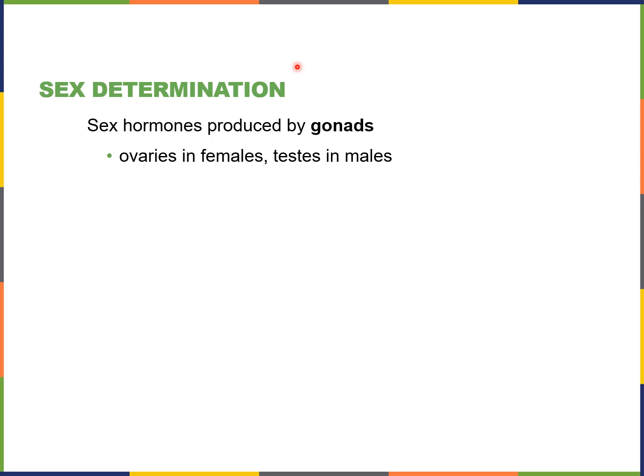All right, so what determines sex determination? This is obviously a really complex topic, and it's not to be taken lightly or that one thing matters more than the other. So going into this, I want you to know that we are strictly talking from the biological sense. So we have sex hormones that are produced by gonads, which is ovaries in females, testes in males.